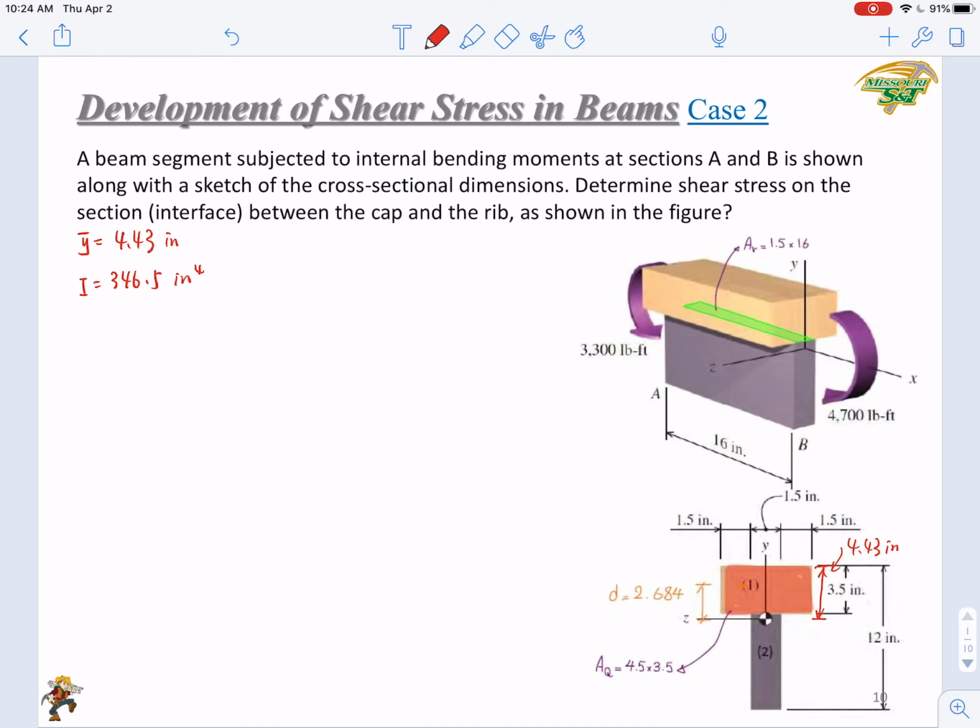Then I can say that the stress will also be the same, right? If we still cut off the cap and focus on it, and analyze the stress on the left-hand side and the right-hand side of the beam section, since the bending moments are still the same and the overall situation is the same as case 1, you'll get the same distributions.